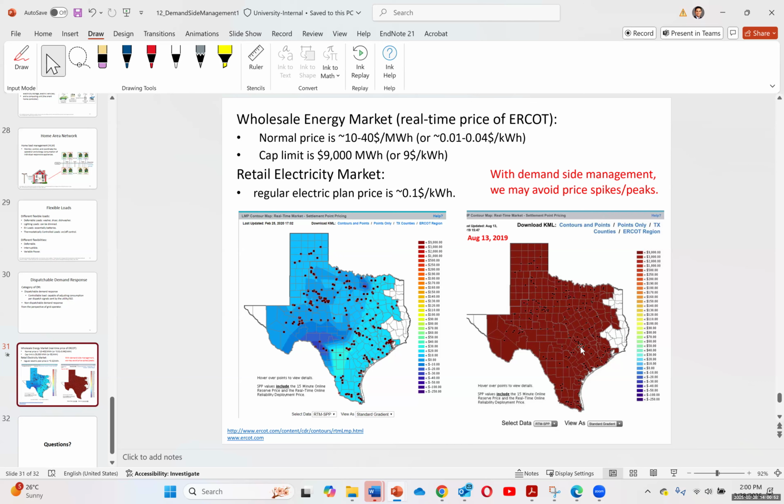So obviously in the summer, Texas is a very hot environment, so everyone turns on the AC, so you can see a significant increase in the price and the consumption, and in the winter you see a significant decrease, and you can see the price change between February, the winter, and summertime.